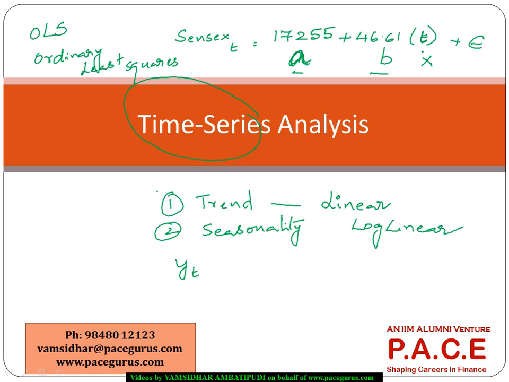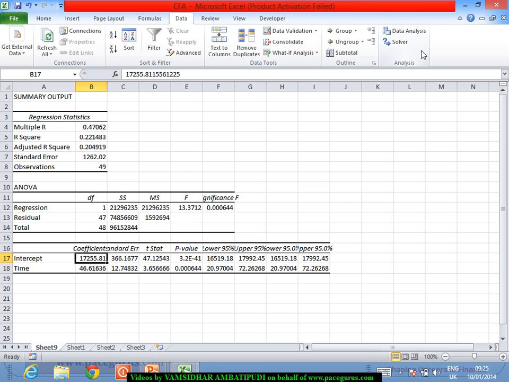So based on this, we got this equation. Whether it is a really good equation, and whether these coefficients are statistically significant or not, we can check from the p-values. The p-value is very much less than 5% for the time. At the same time, for the overall model also, the p-value is less than 0.05. So we cannot reject the null hypothesis.